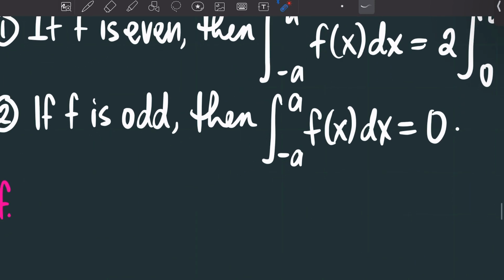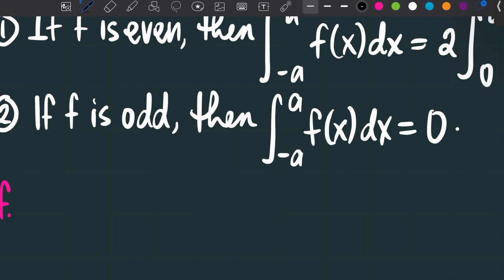Pero if f is odd, then integral of f of x dx from negative a to a equals 0. Let's try to prove this formally using yung ating properties ng definite integral para ma-practice na lang din yung knowledge nyo doon. So, let's start with the first statement.